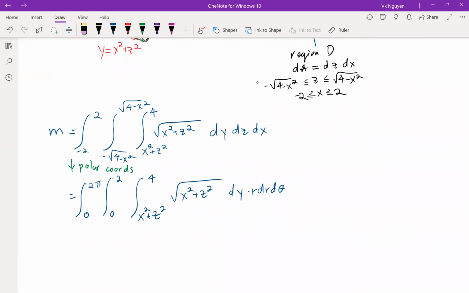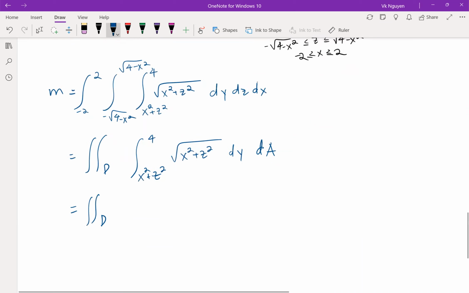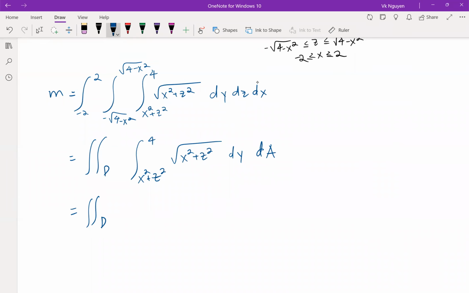You don't want to do the polar coordinate too early. Polar coordinate is just for double integral. So just save this thing here. You can rewrite this one as the dA. Work out this thing first before you turn everything into a polar coordinate.